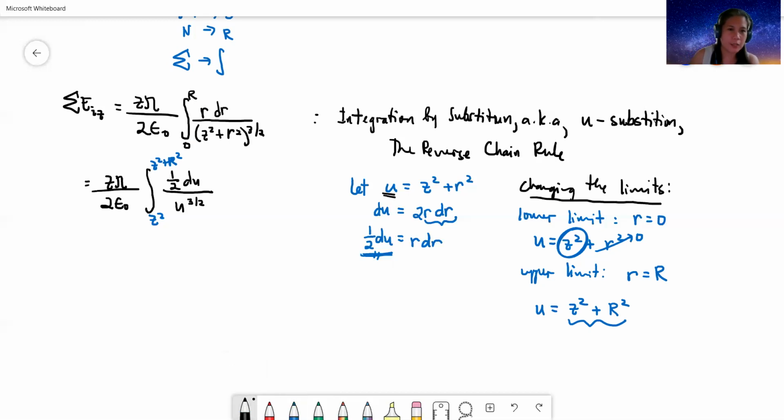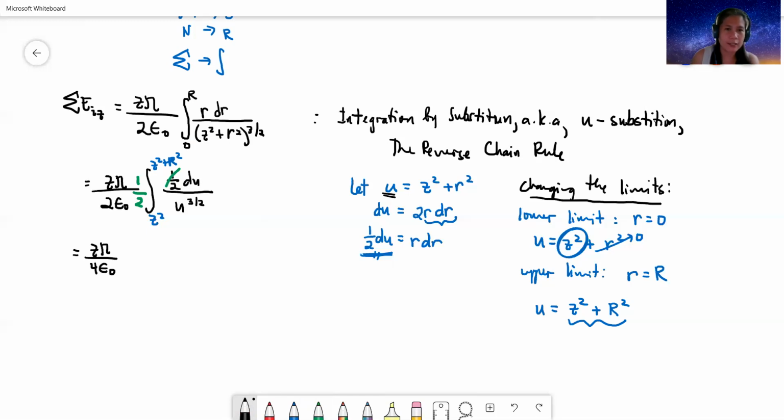Okay, so this becomes, we can factor out 1/2 out of the integral because it's a constant. So let's remove this from here. And then it becomes 1/2 dito sa kabila. So this will become Z eta over 4 epsilon sub naught.